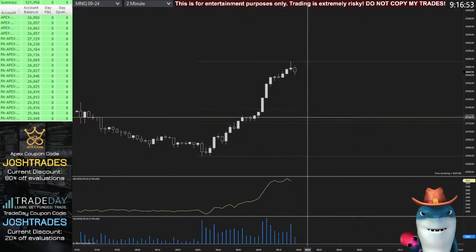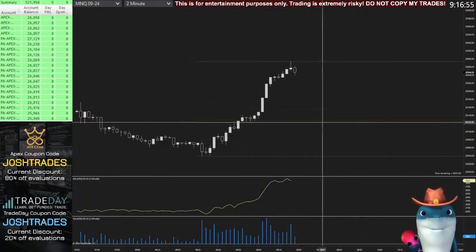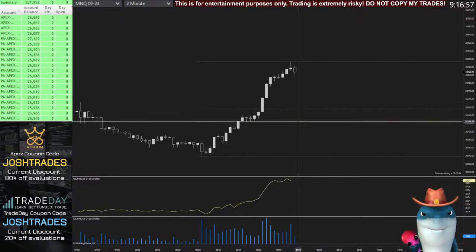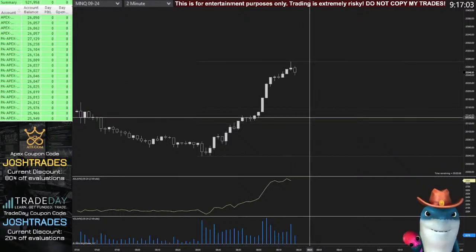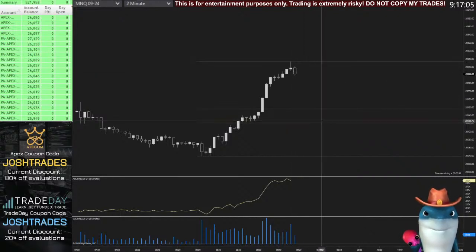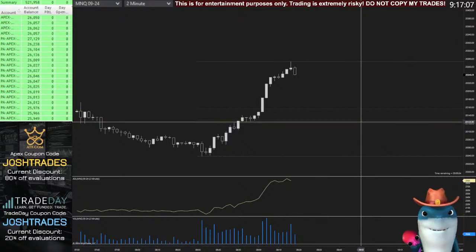Like I mentioned before, this is still within the 0.5 fib and the golden pocket area, so this is an area I would still be interested in going long if price dumps down to get there.